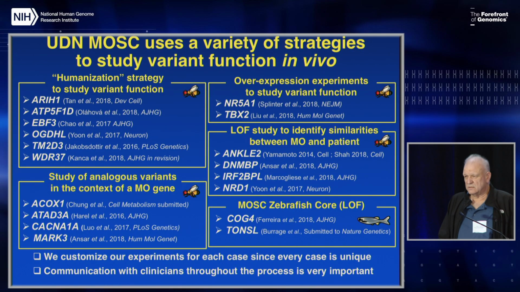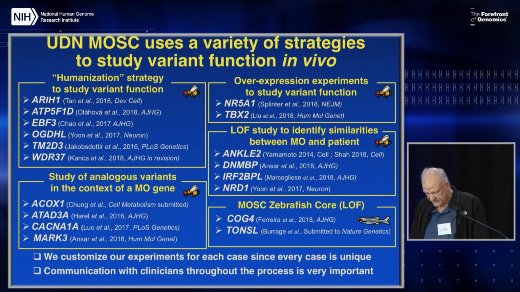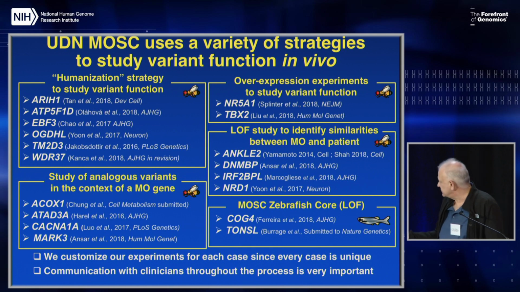So this is just what happened in the last few years with the submissions that we got, summarizing what we found. First, with the humanization strategy, these are the genes that we identified. We use other strategies when this strategy doesn't work, and this is just a summary of what all these different strategies are.